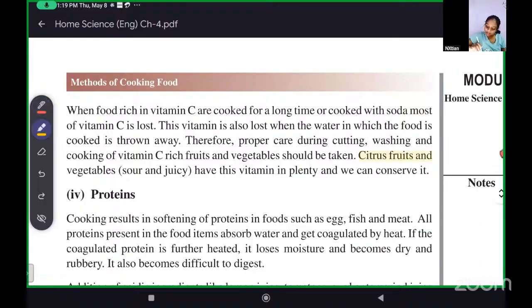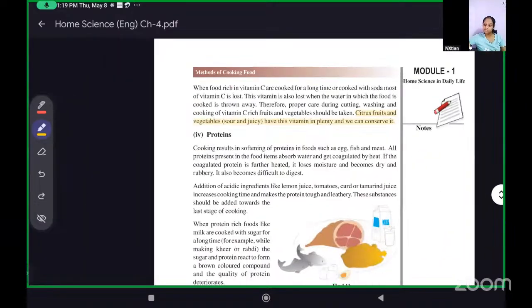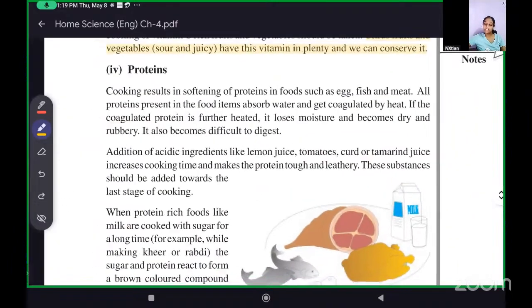Citrus fruits and vegetables have this vitamin in plenty, and we can consume it. Citrus foods such as orange, lime, lemon, and more are rich in vitamin C.